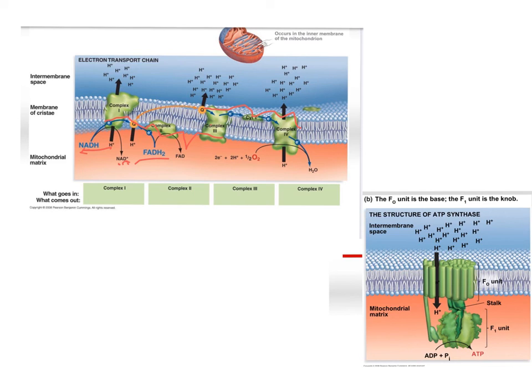It's not just the electron that's removed. You're also removing this little hydrogen ion, and the hydrogen ion gets pushed to the inner mitochondrial membrane space, okay? It just gets pushed out. Notice it's getting pushed out here and pushed out here, okay? That's the sleight of hand behind the scenes, okay?